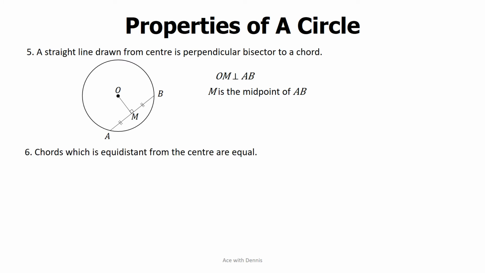The next property, number 6: chords which are equidistant from the center are equal. This is how it looks like. This is a circle with the center O, and this is the chord AB. Similar to property number 5, I draw a straight line from the center O that touches the line AB at point M, and it is perpendicular to line AB.